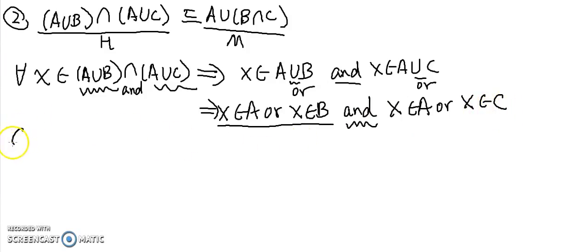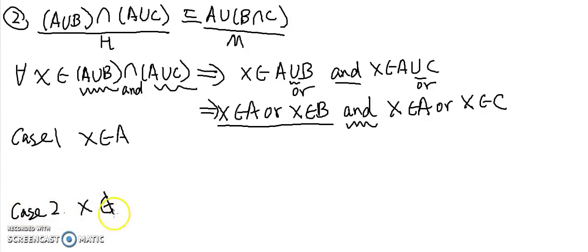So what I'm going to do is case 1, X is in A. Case 2, I would say X is not in A. So let's look at both conditions, and take a look at our goal.